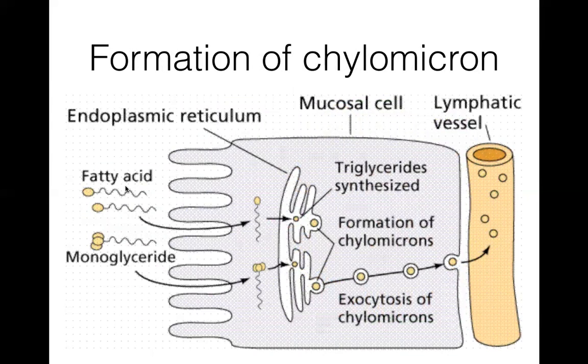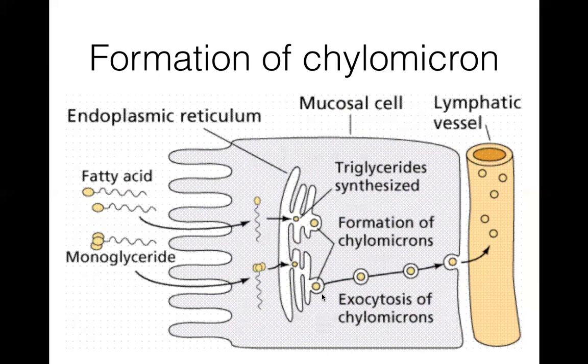So the triglycerides have to be hydrolyzed to fatty acids and monoglycerides before they can be absorbed in the intestinal epithelium. Once inside the intestinal epithelium, the triglycerides are reassembled back, and inside the endoplasmic reticulum, they're packaged now as a chylomicron together with the other apoproteins.